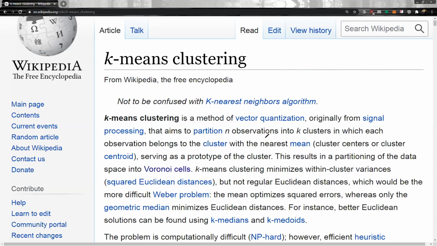In k-means clustering, of course, we can use Euclidean distance, but that is more computationally complex, which is the Weber problem. So instead of simply Euclidean distance, we minimize variance, basically the squared Euclidean distance.